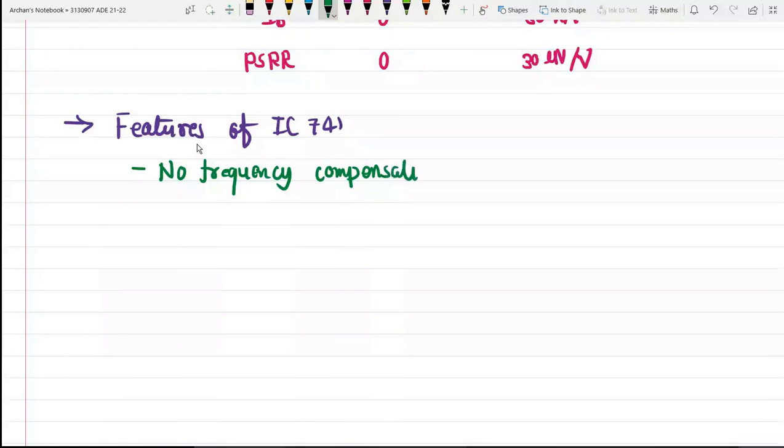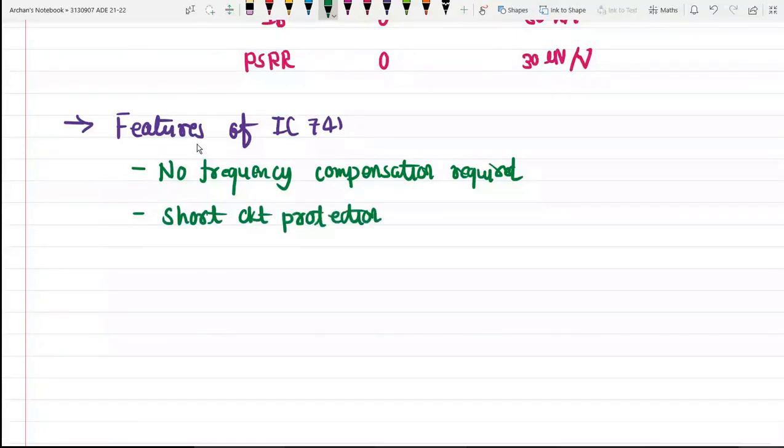Okay, this is one of the features. Second, these IC741s are already provided with short circuit protection.